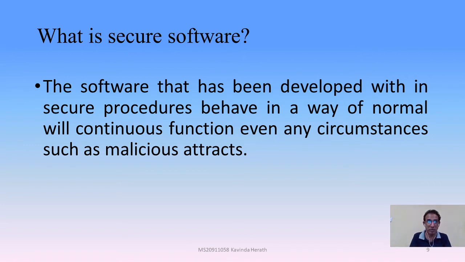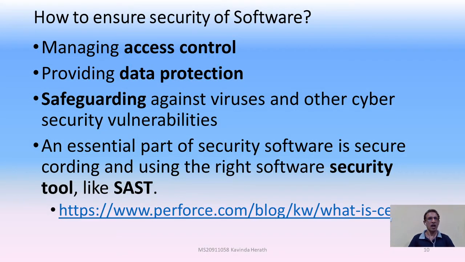If the software keeps functioning without any issues even when there is a malicious attack, then it is secure software, a secure application. That is the definition of secure software. How do we secure software? By managing access control, providing data protection, and safeguarding against viruses and other cyber security vulnerabilities. Then we can ensure software security.